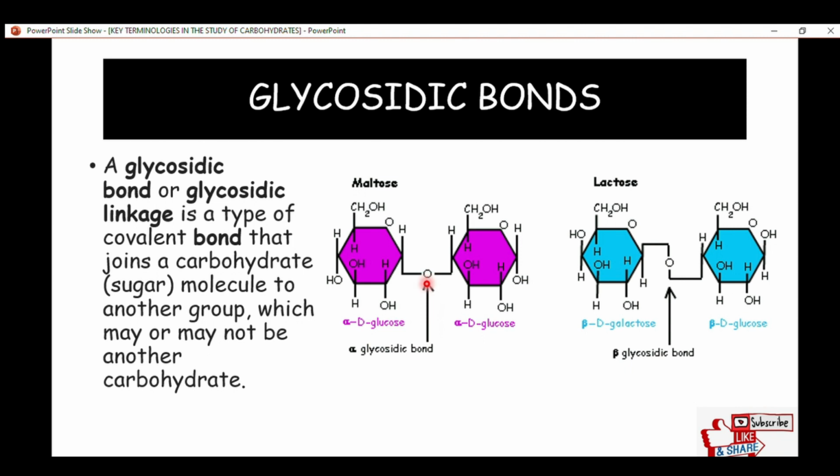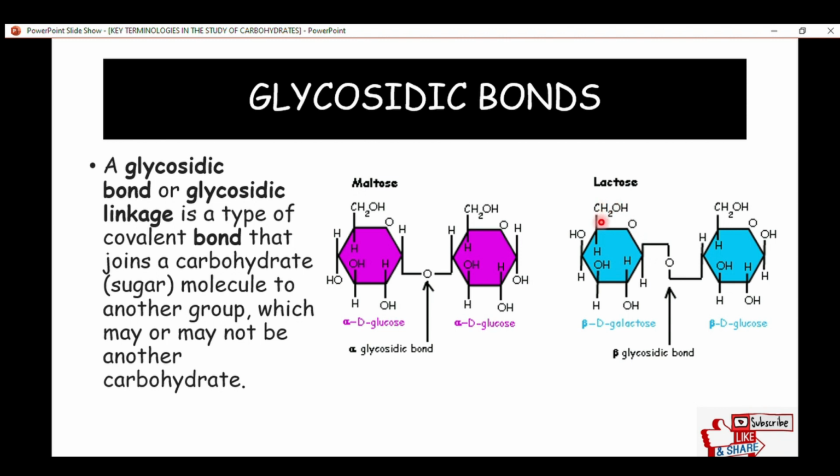All right, and this glycosidic bond is a covalent bond. For example, let's also consider lactose over here. When we talk about lactose, we have a galactose and a glucose that form lactose. So we have beta-D-galactose, and the reason why it is beta is that the hydroxy group is in the same direction as the carbon 6 over here.